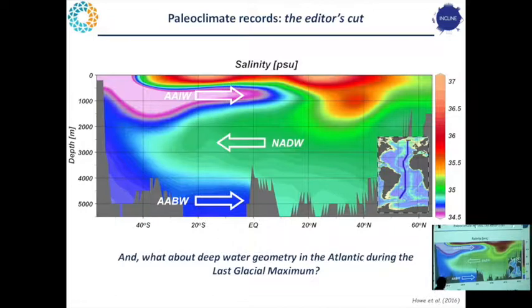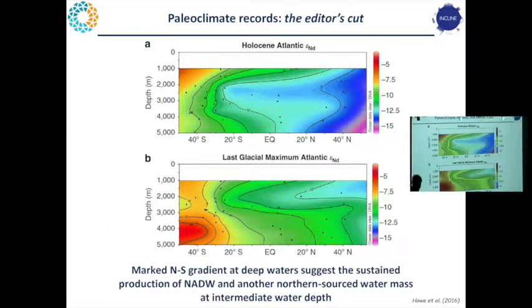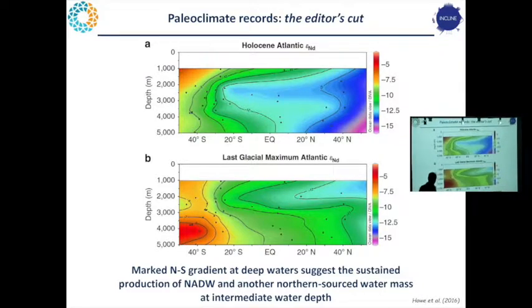And what about the deep water geometry in the Atlantic during the last glacial maximum? Because this goes back to how much CO2 we can put on these water masses. Not only temperature, but the ventilation age or the rate of ventilation of these bottom waters will significantly control or impact the concentration of CO2 in the atmosphere.